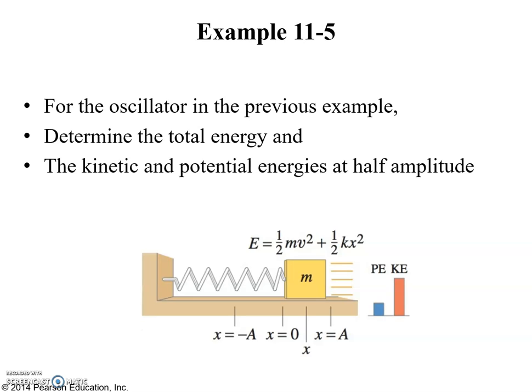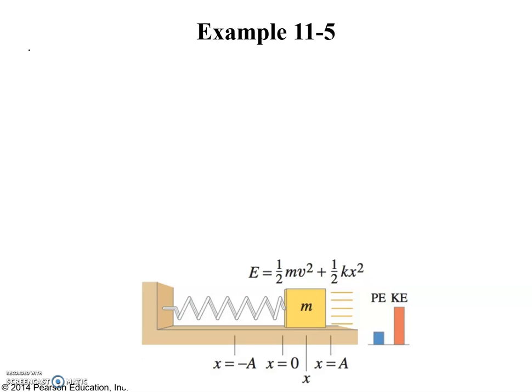Okay, still continuing with the same oscillator with the same amplitude and mass and maximum velocity, we want to know the total energy and what the kinetic and potential energies are at half amplitude. Okay, so the easiest point to find the total amount of energy is either when the block is at x equals 0, which is the point where the spring is completely relaxed, or when the spring is completely stretched out to its amplitude.